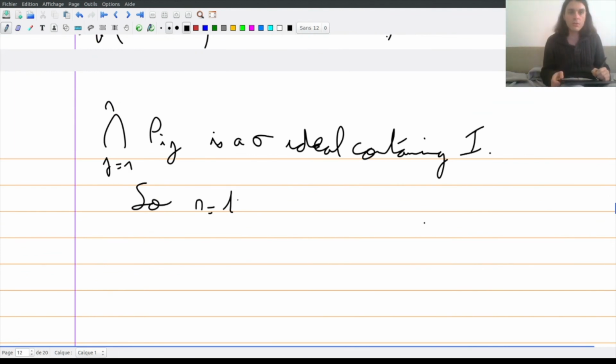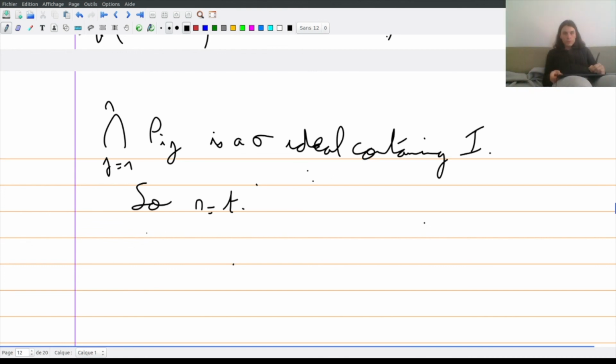So R equals T. So it means that you cannot take a subset of ideals that is self-stable under phi or sigma.